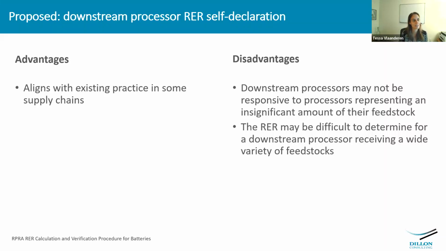This is especially the case when these processors represent a really small amount of their feedstock. The second disadvantage is that it may be quite difficult for a downstream processor to determine their RER if the amount of feedstock that they receive from a processor is small and is part of a very wide variety of feedstocks.